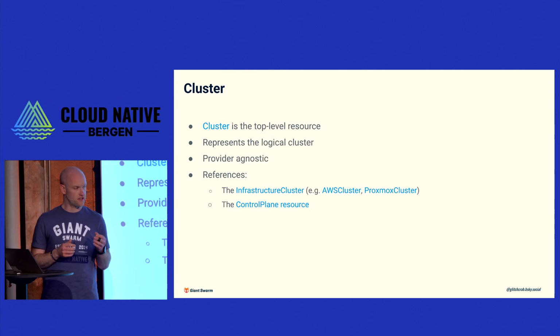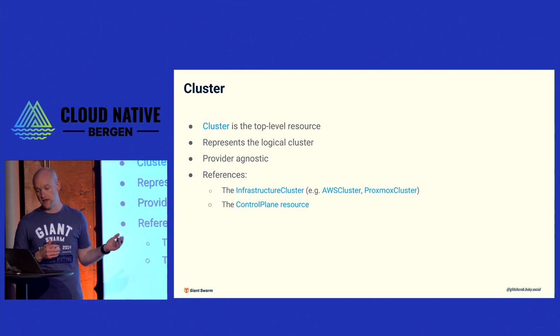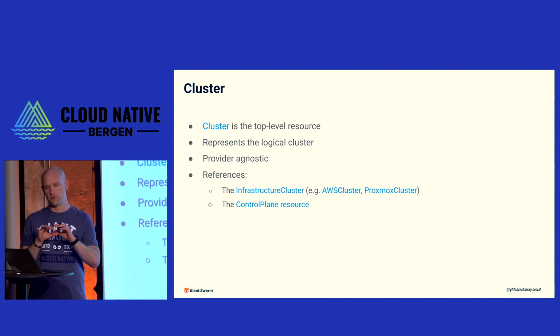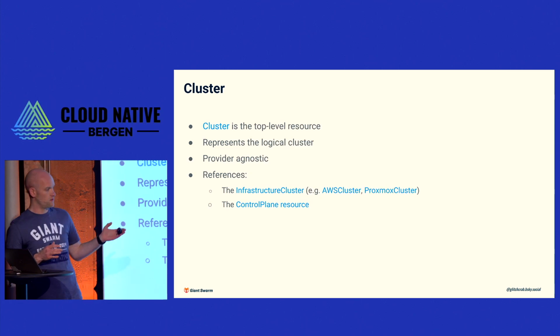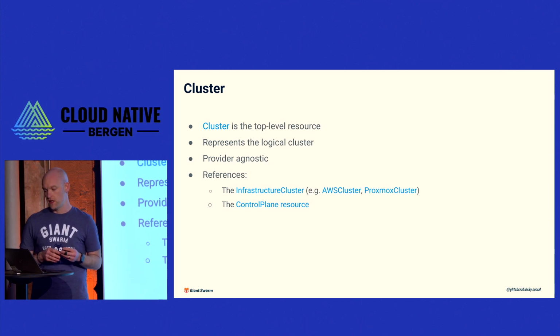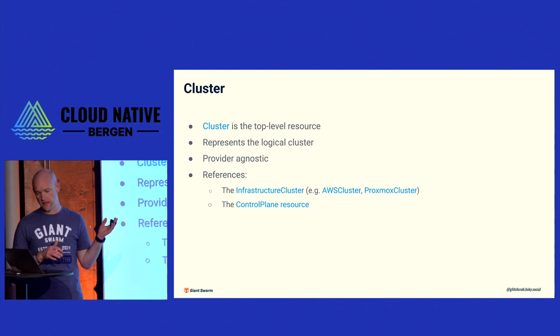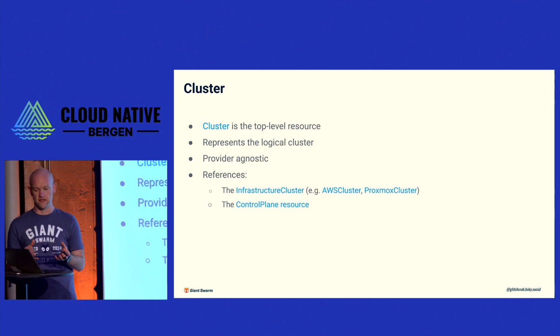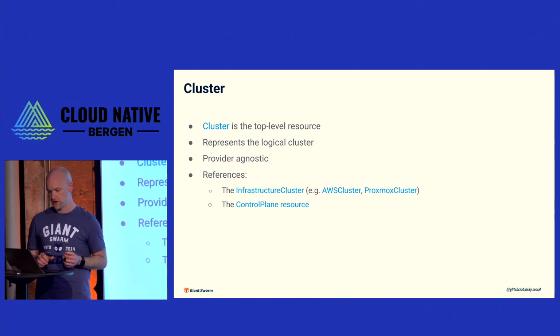And this cluster object then references the infrastructure cluster, which is the provider-specific component. So in this case, we're talking AWS or Proxmox. And this handles the actual provisioning and the management of the resources on that provider. So you can think of the cluster as saying, I want to have a cluster, and then the infrastructure cluster does the interfacing with the APIs underneath and builds what you've asked for.